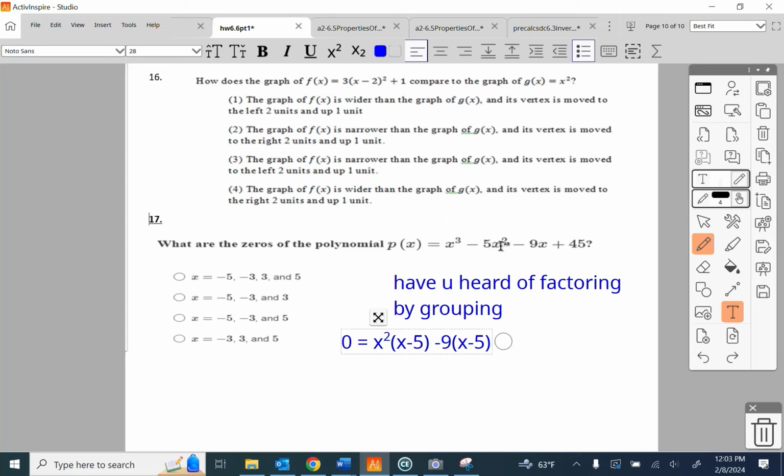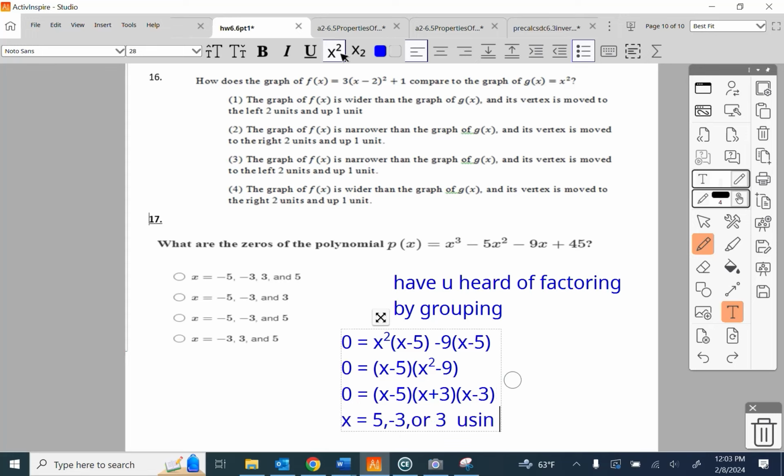I know that 45 is divisible by 9. I've got the common factor of x minus 5, and I have the remaining pieces of x squared minus 9. And I can factor x squared minus 9 quite a bit more. It's x plus 3 and x minus 3. This will give me x is 5, -3, or 3 by using the zero product property.